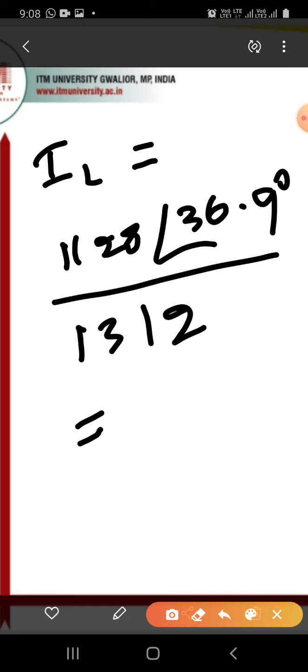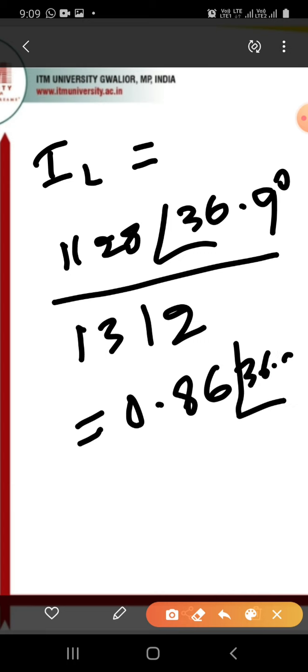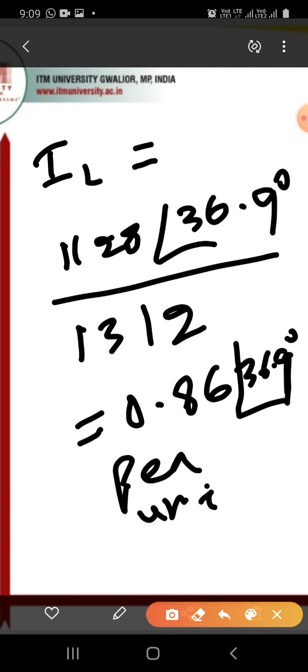So with 1312 as the base current, the answer will be 0.86, and the angle is 36.9 degree per unit. Now I have written IL in per unit form.